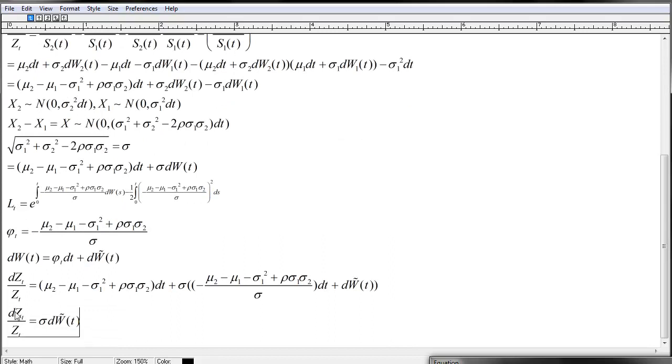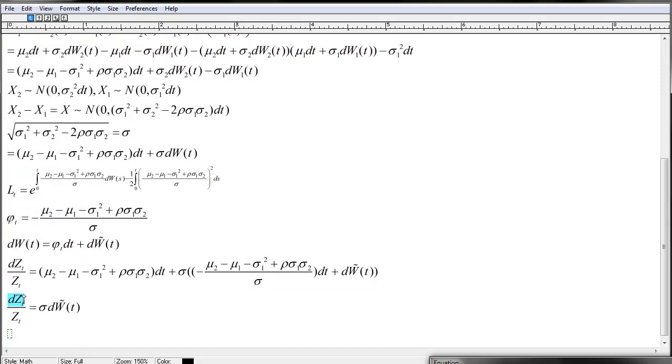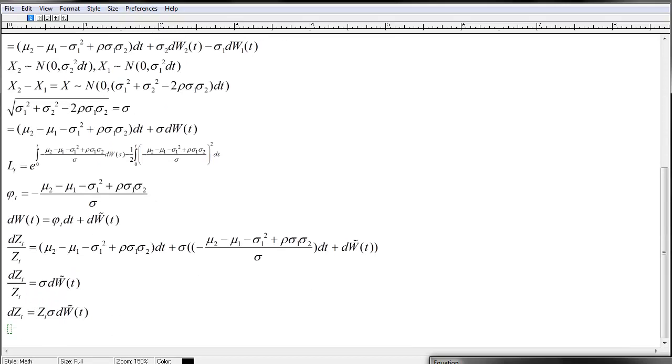We now want to know the distribution of that, so we can actually re-express this times this term, and we guess the solution.